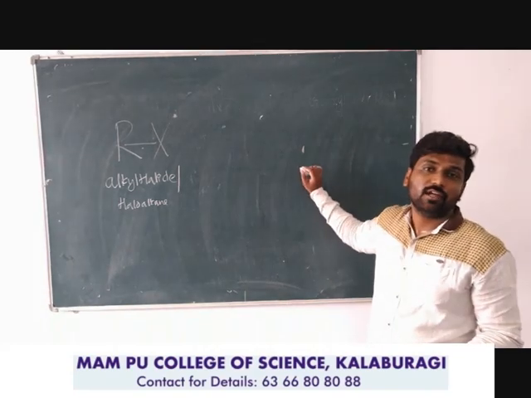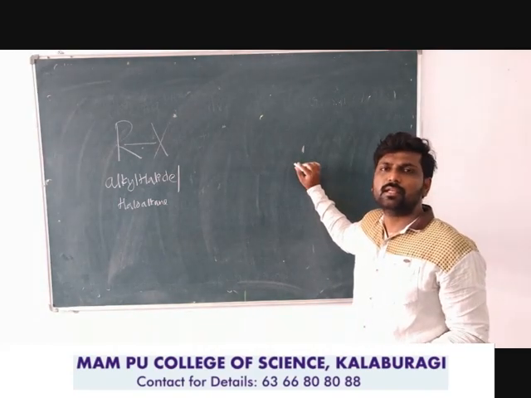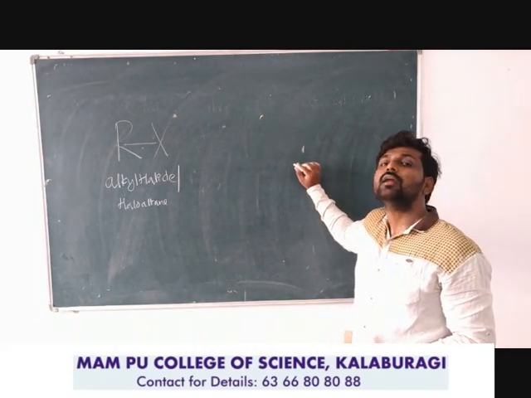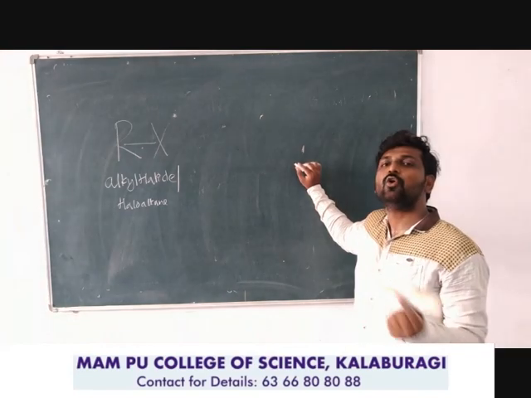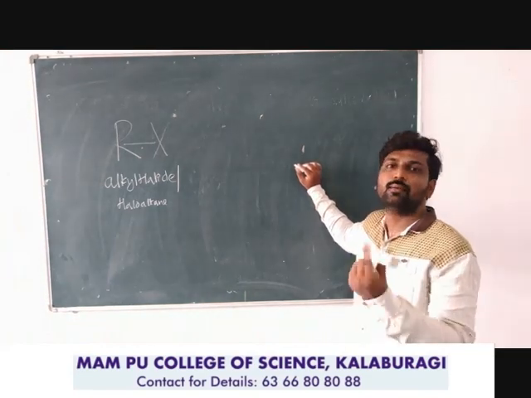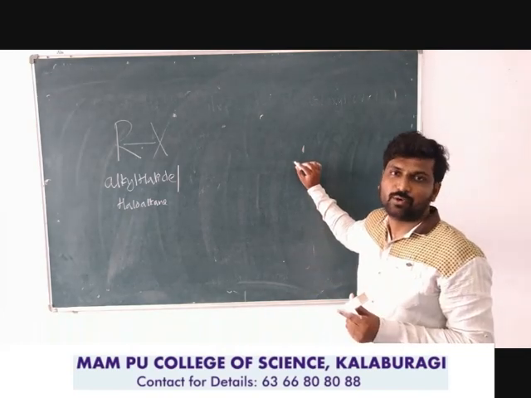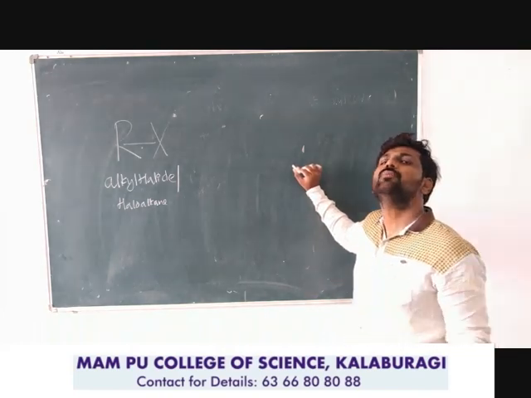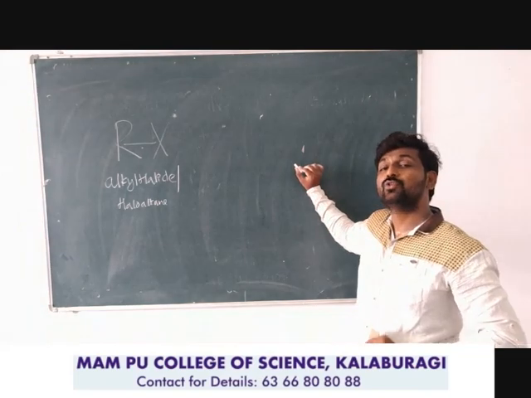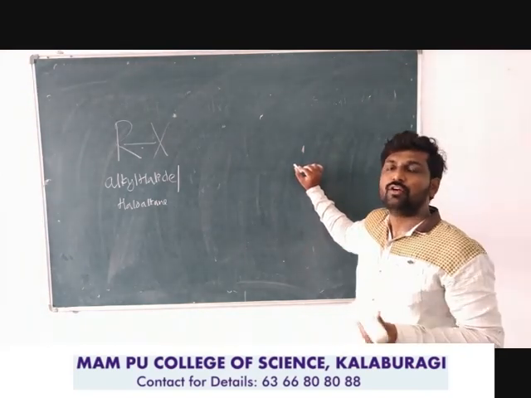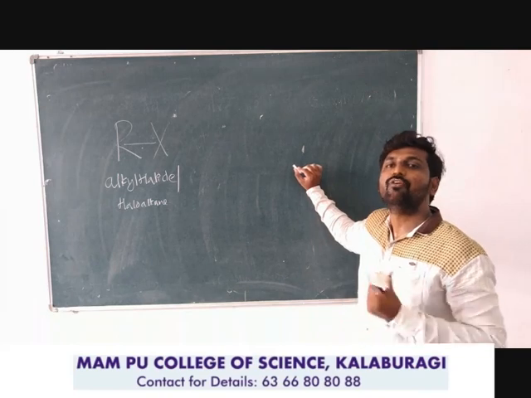Different reagents have different nucleophiles, and these different nucleophiles will attack the carbon of the same alkyl halide, so we will get many different products. So we will get different products when we attack with different reagents, nucleophiles.